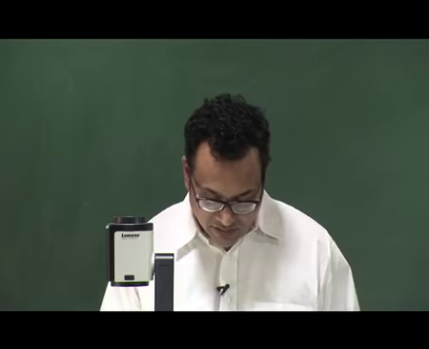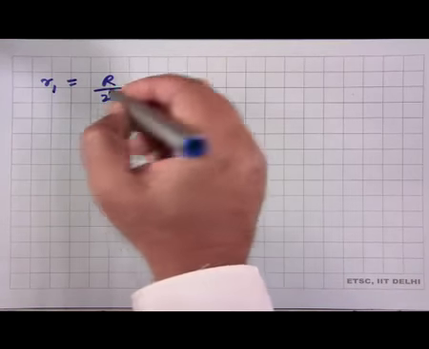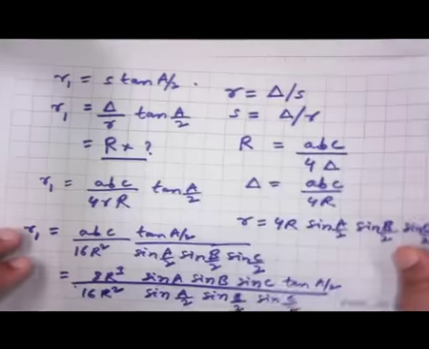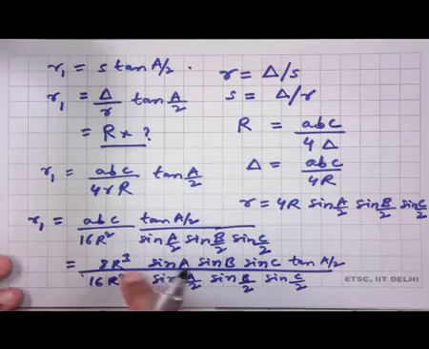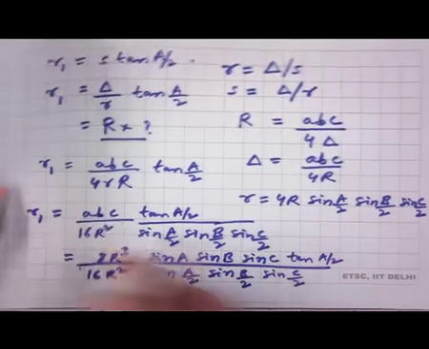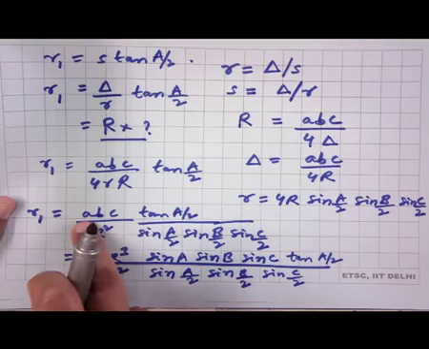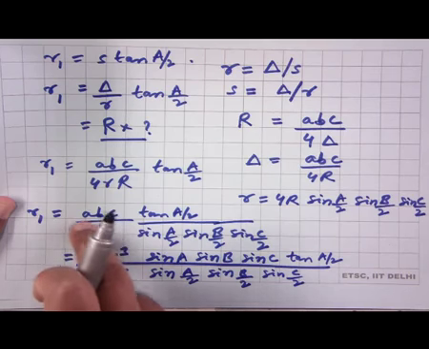Upon simplification, that gives us R1 equals, now we get R in the numerator, and that only happened because we got R cube here after we replaced all of these a, b and c by the product of the circumradius times 2 times the sine of the corresponding angle.